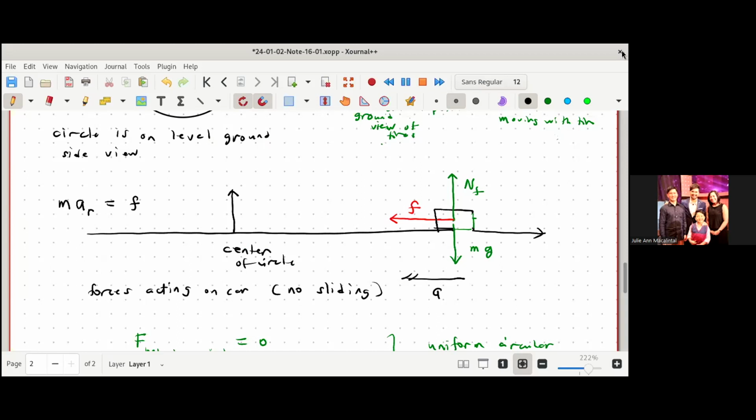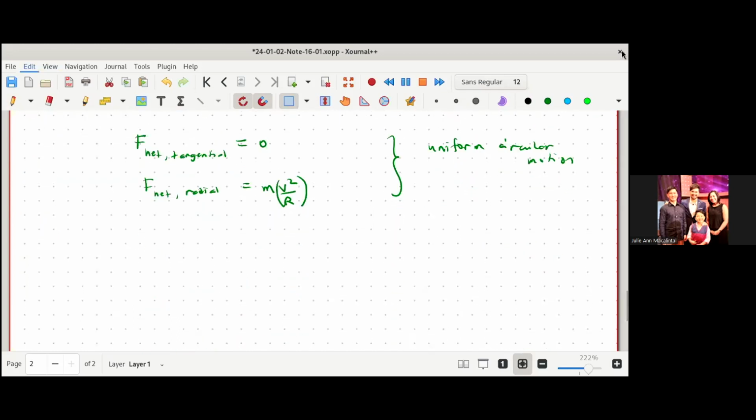Tapos, 0 equals normal force minus mg. Ito yung makukuha natin using Newton's laws. So from Newton's laws, this is true. There will be no other forces.